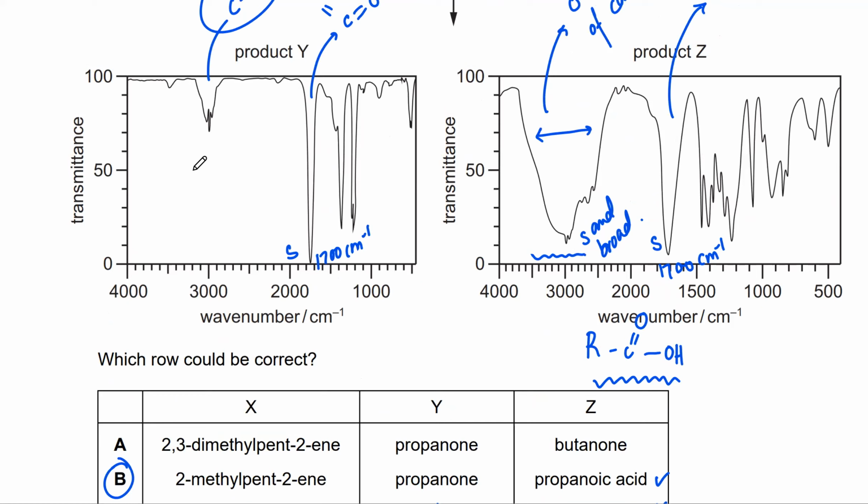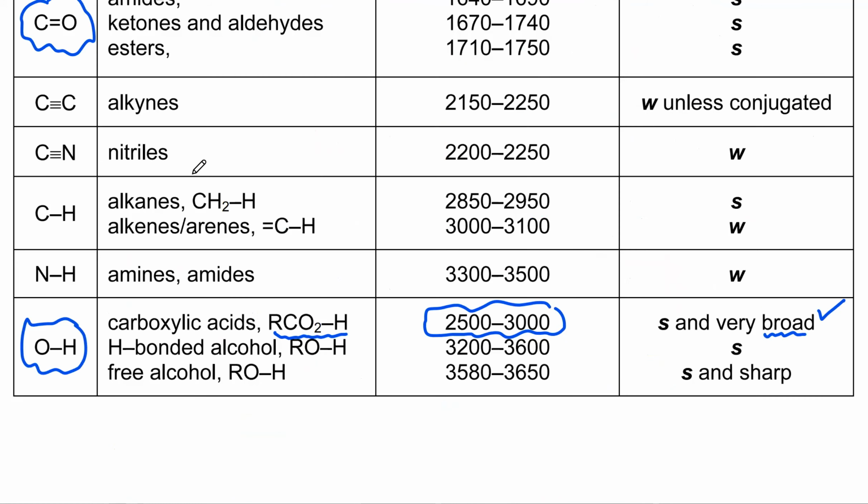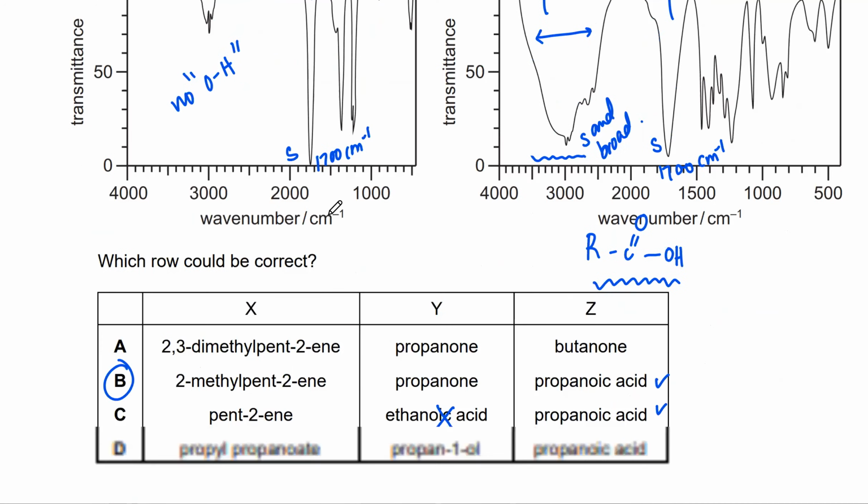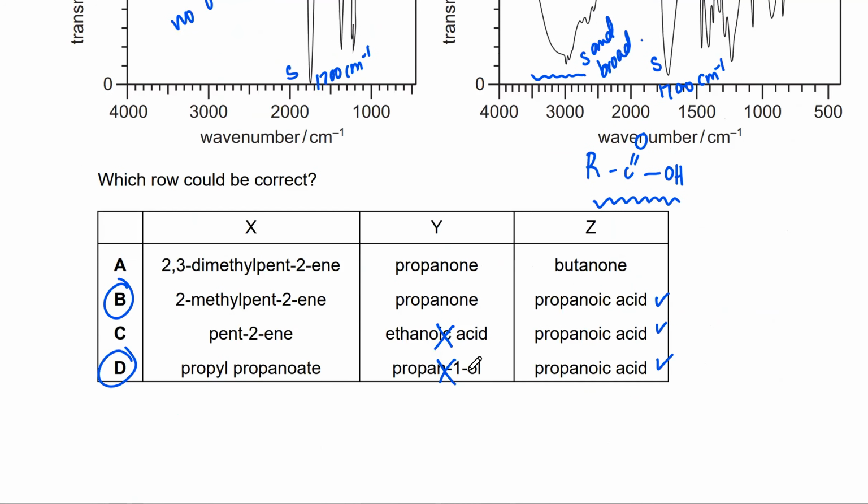There is no OH, क्योंकि OH remember 3000 के इर्द-गिर्द या तो स्ट्रॉन्ग पीक्स होंगी, लेकिन वहां पे कुछ भी स्ट्रॉन्ग नहीं है, ठीक है। तो इसका मतलब है OH गायब है यहाँ पे, there is no OH, ठीक है। लेकिन C double bond O है यहाँ पे, तो इसका मतलब है कि एथेनोइक एसिड और प्रोपेनॉल दोनों निकल गए Y के अंदर से। तो पीछे ऑप्शन कौन सा रह गया? सिर्फ और सिर्फ ऑप्शन कौन सा रह गया? That's B, क्योंकि आपने सिर्फ Y और Z को ही चेक करना था, Y और Z तो कंफर्म हो गए, ठीक है। तो the only option possible is B.